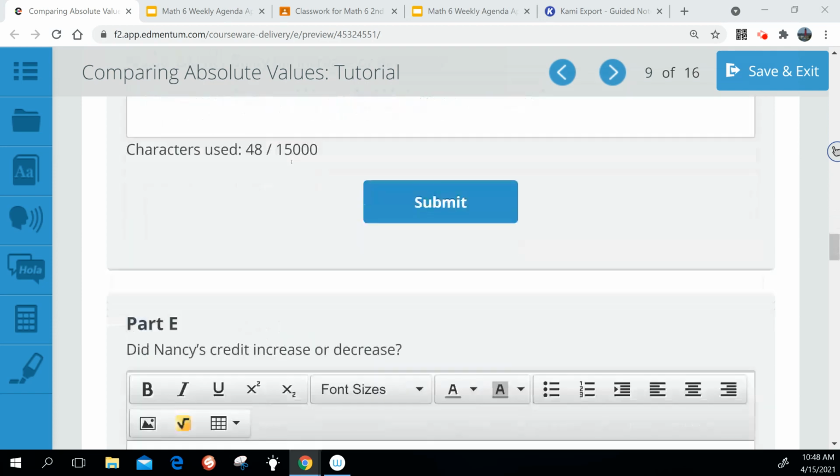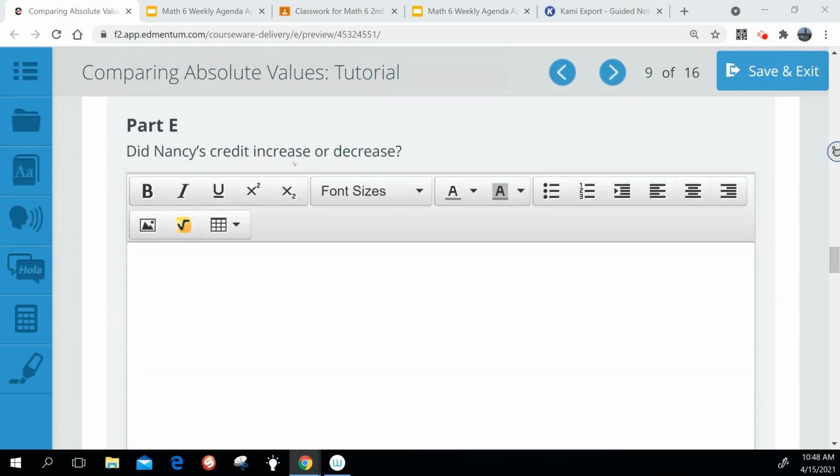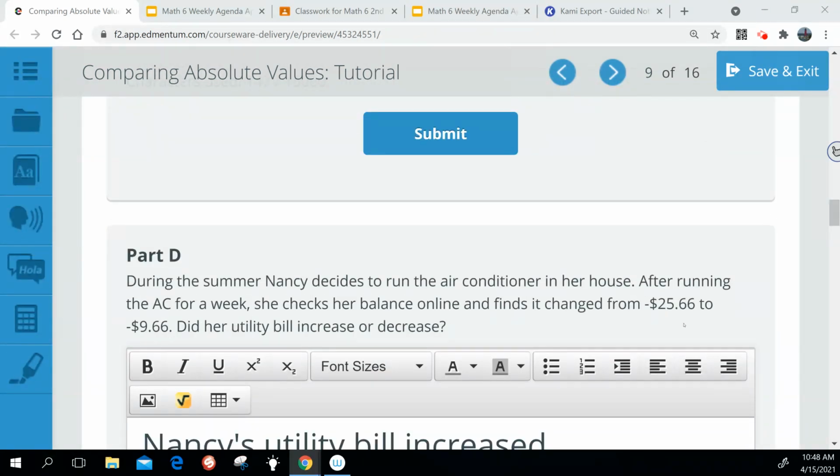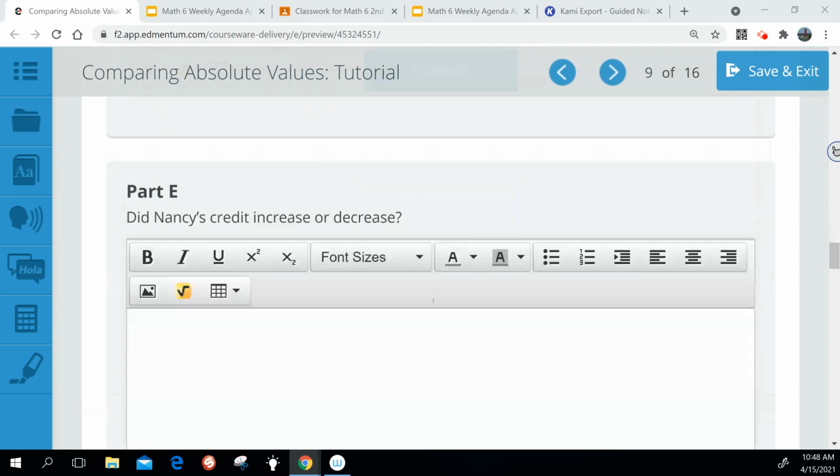Moving on to part E. Did Nancy's credit increase or decrease? So the amount the company owes her went from $25.66 to $9.66. Did what they owe her increase or decrease, Julius? It decreased, right?